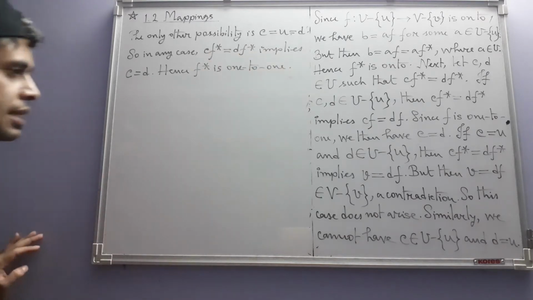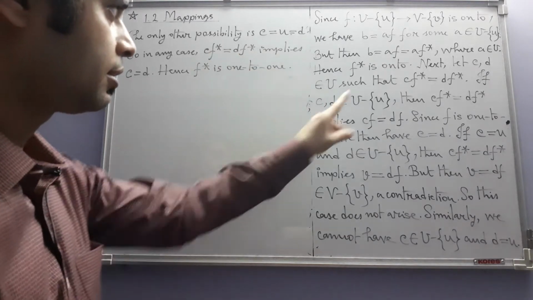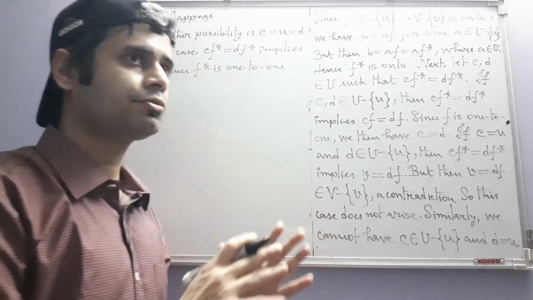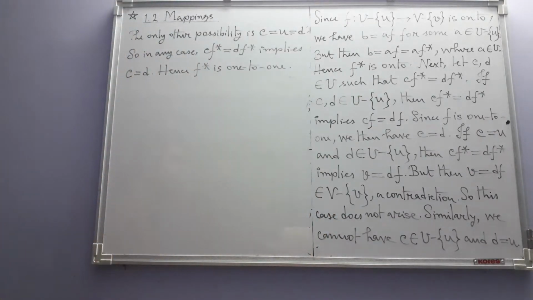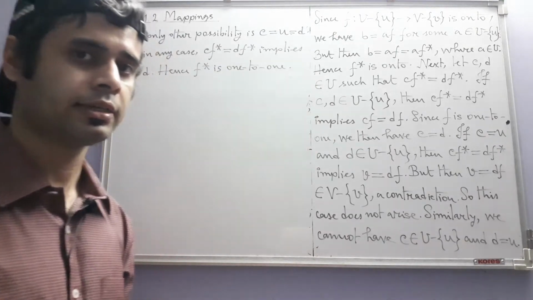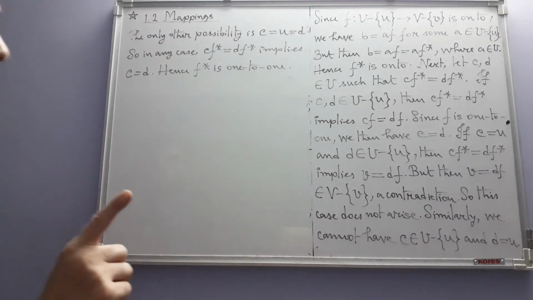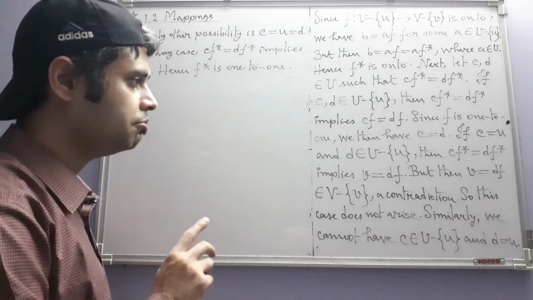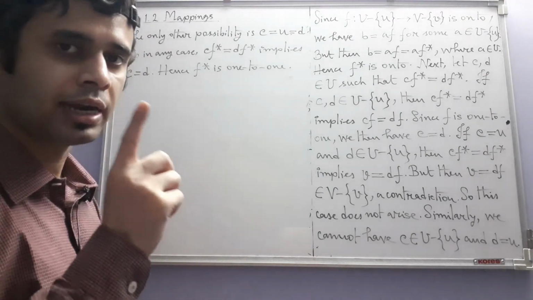Okay, so we have successfully proved that our f star that we have obtained by extending f is also a 1-to-1 correspondence, just like f, but it is a 1-to-1 correspondence between which sets? U and V.